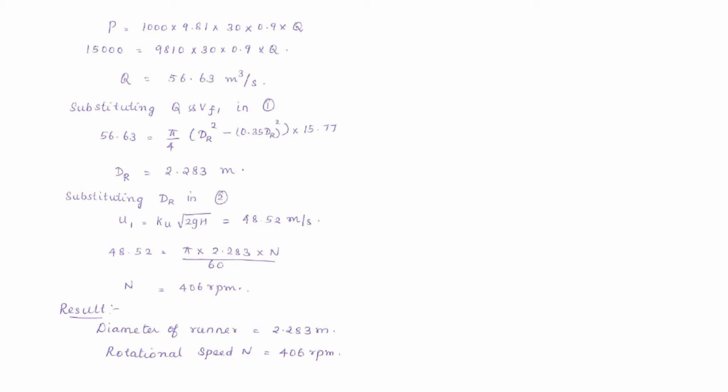So finally you can find N. So what formulas have we used? Q, U, P, Vf1, and U1. For finding U1, again we have used Ku into root of 2gH. So finally you will get the result.